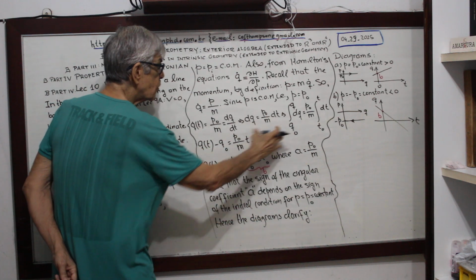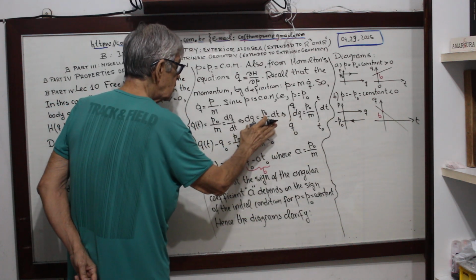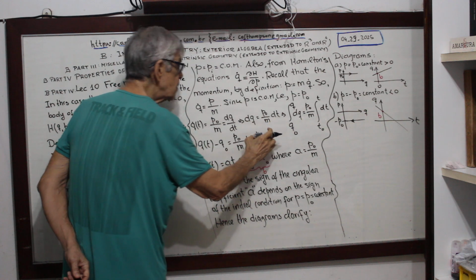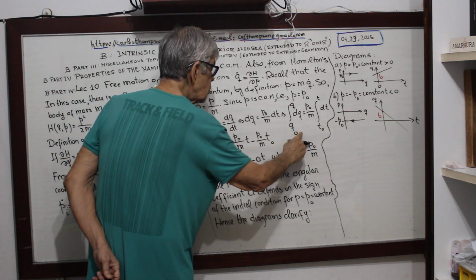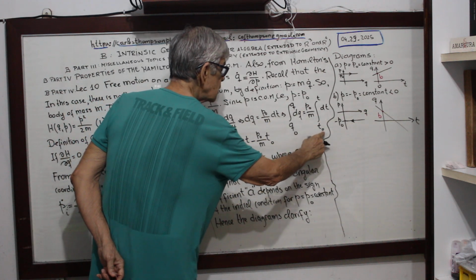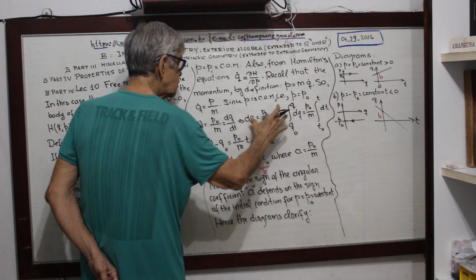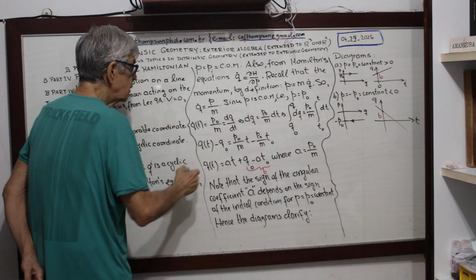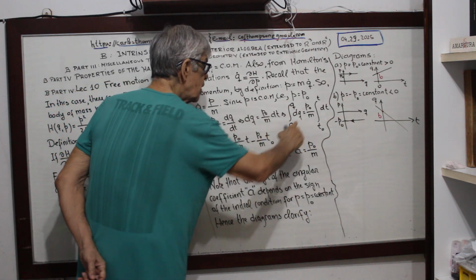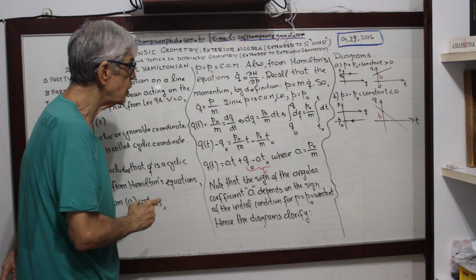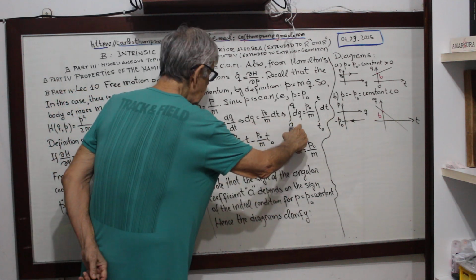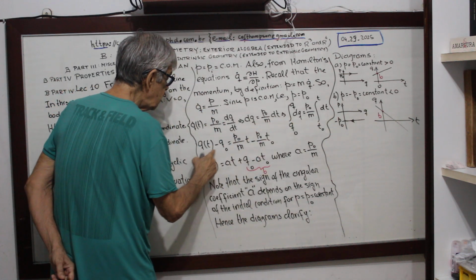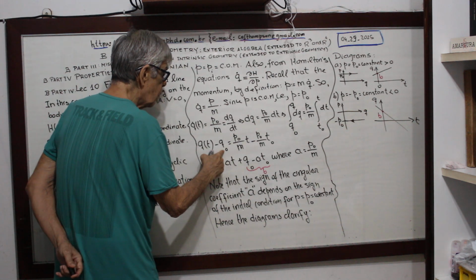Then we can integrate the left-hand side and the right-hand side from q0 to q, and t0 to t. You just copy here and take the integral. So the integral of dq, an exact differential, is q at t minus q0.